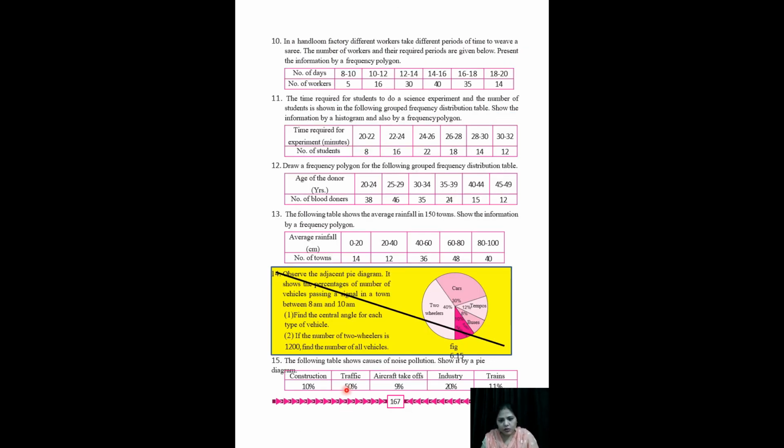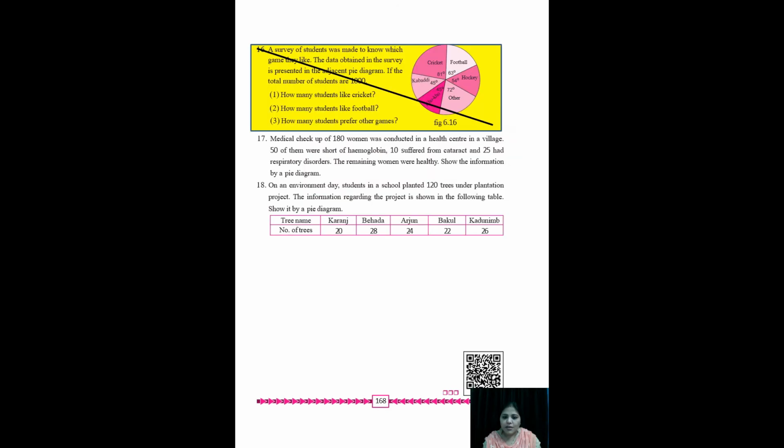Again, the question related with reading of pie diagram, that is the 14th sum from the problem set, page number 167, is not there. See here, this is the last page of our textbook for this chapter, page number 168, on which the 16th sum, again with reading of pie diagram, in problem set 6, is also not there.